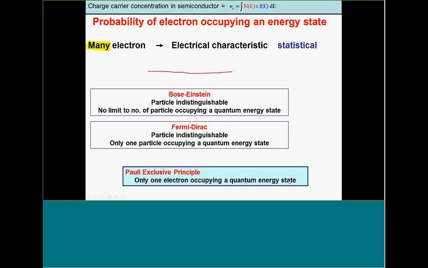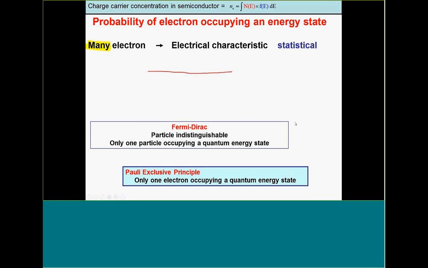So if you look here again, only Fermi-Dirac satisfies this condition, where only one particle occupies a quantum energy state. So Bose-Einstein statistics cannot be used. We are only left with the Fermi-Dirac statistics.